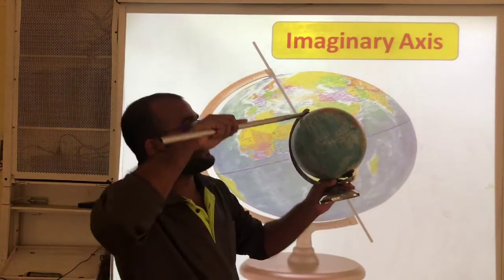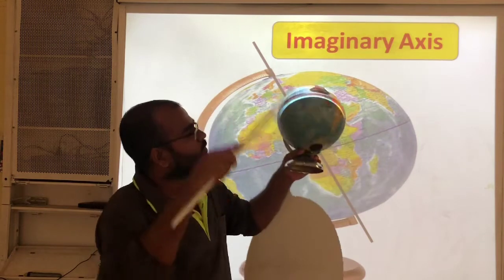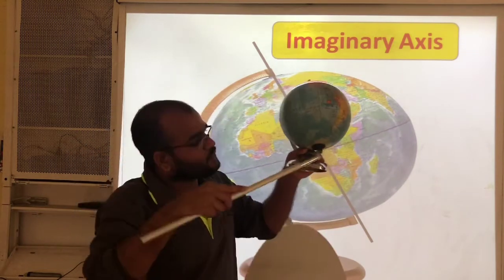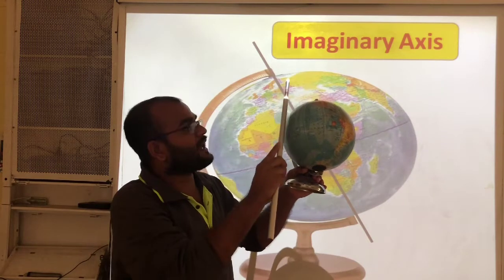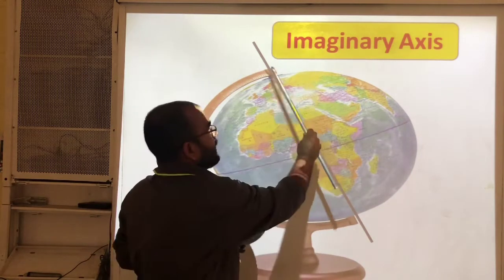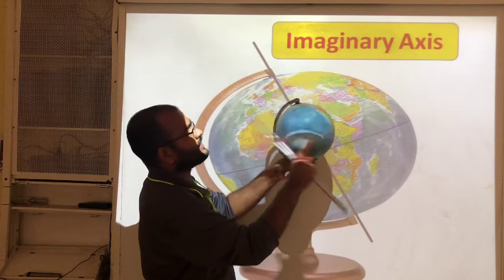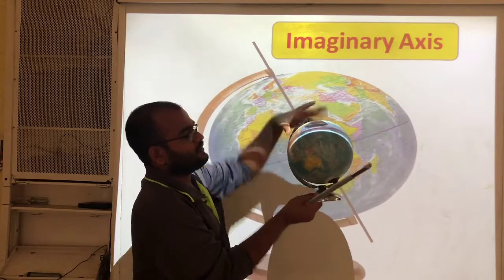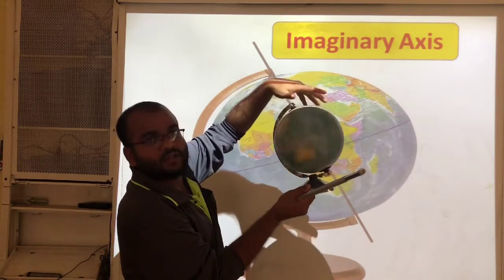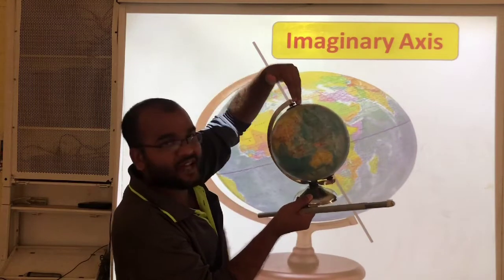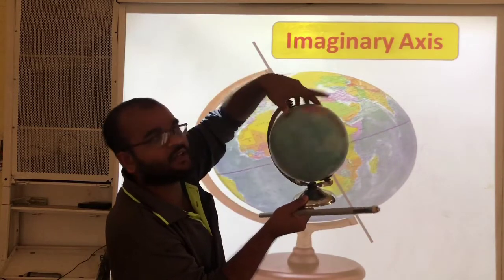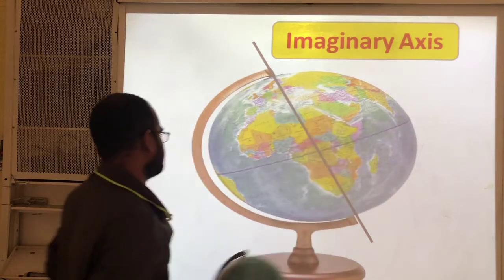So one imaginary line passes from the north pole to the south pole, and around this axis the earth is rotating. Based on this imaginary axis, the earth is rotating.